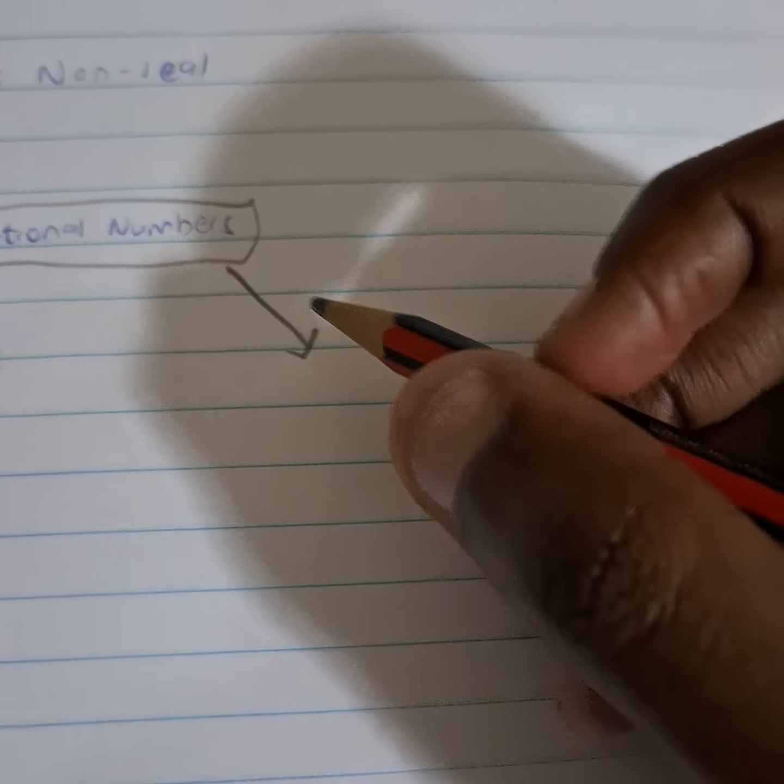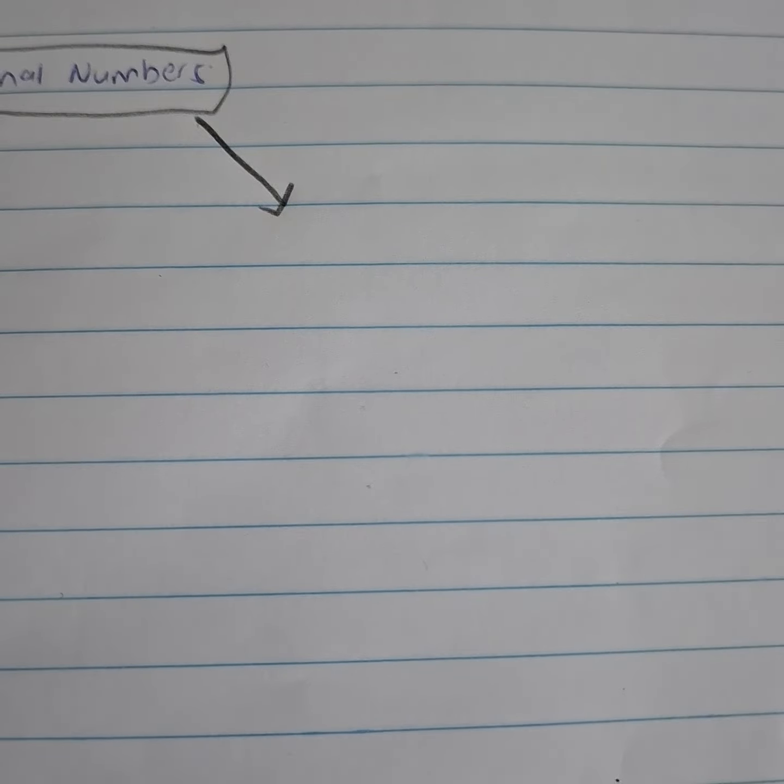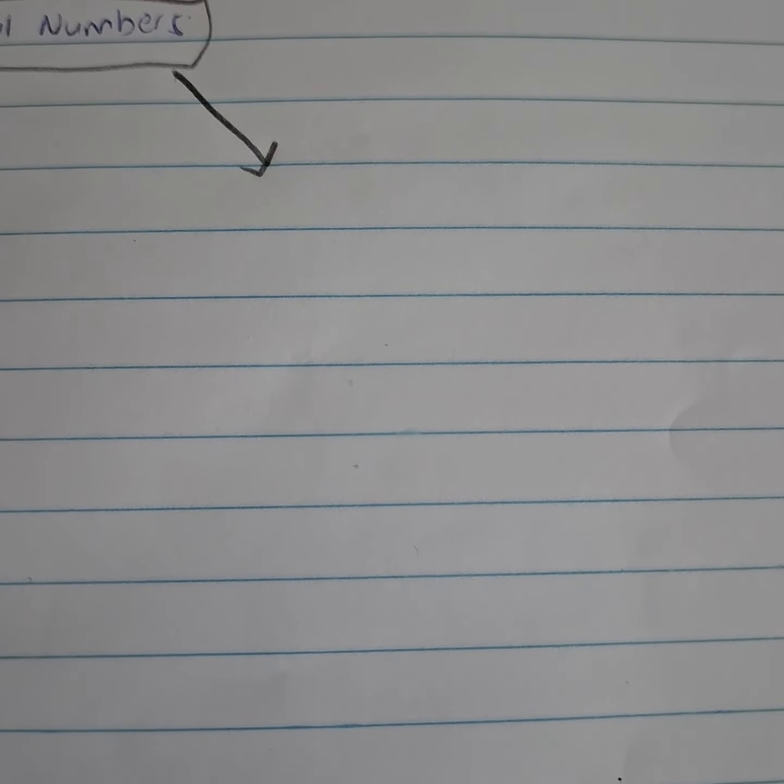Then irrational numbers are the opposite. Irrational numbers cannot be written as a fraction where the numerator and the denominator are integers and where the denominator cannot be 0.